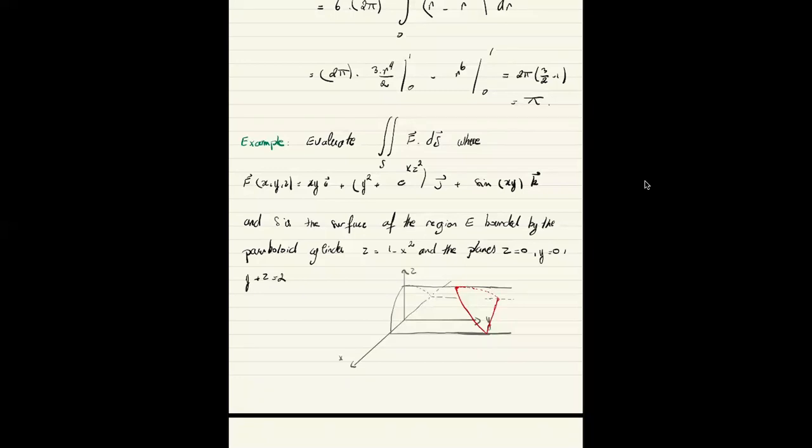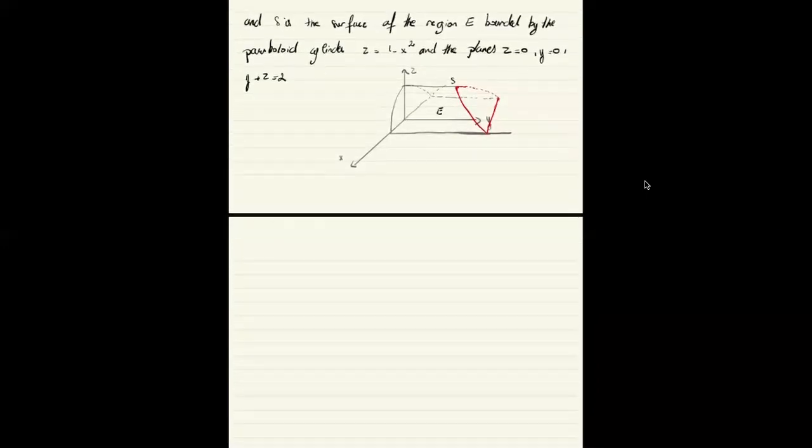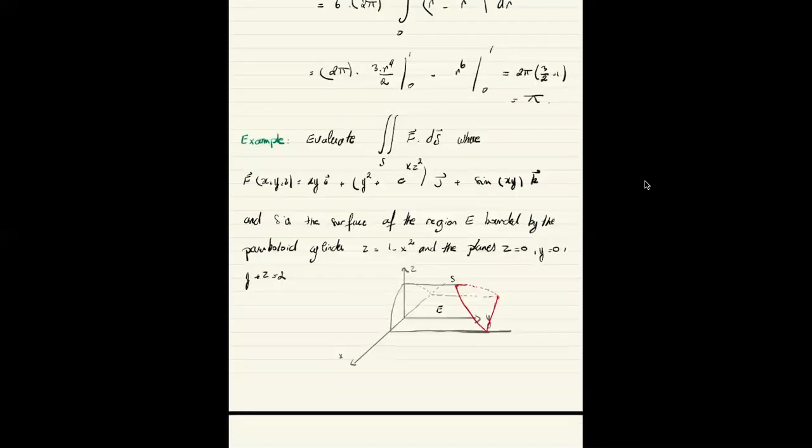So our surface will be this surface here, S. So this will be E, and this will be the surface S. And then we would like to compute this one here.